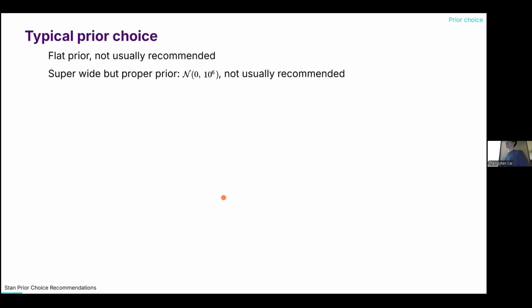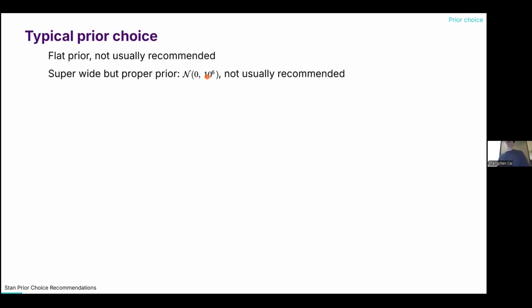Starting from the flat prior or very wide prior, where you use either a uniform distribution or a huge uncertainty in a Gaussian distribution, this is actually not recommended. You might think it's fair because you said nothing and you are not biasing anything, but actually the prior is a reflection of what you know about your research question.